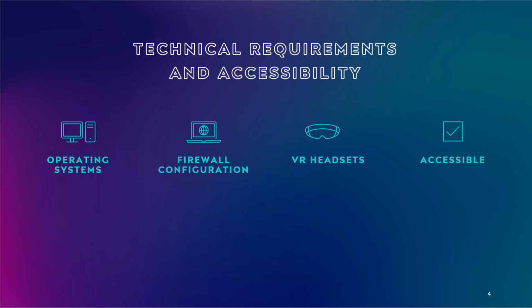And that will require the following operating systems: Windows 10 or newer, Mac OS 10.11 or newer, or Chrome OS. And that is actually something that has changed because a year or two ago, this was not available on Chromebooks at all. So it's good to see that they are making clear progress in terms of technical accessibility.